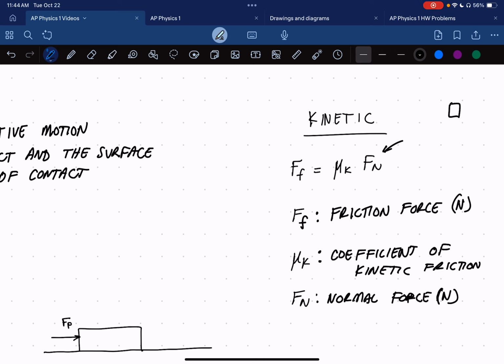Because think of some object on the floor. The normal force is the amount of force that the ground is pushing on the object. And so the more weight, the more gravitational force there is, the more mass, Fn would also increase. So that's that factor there.